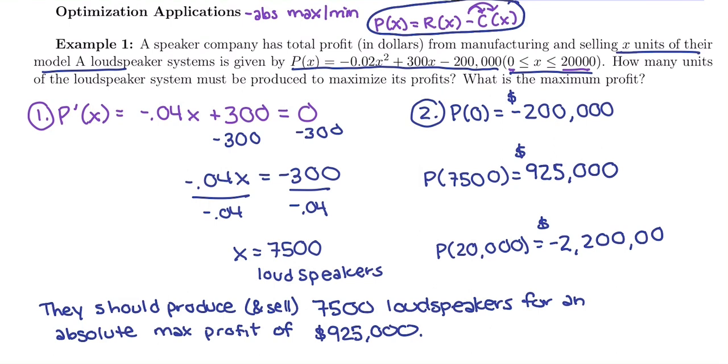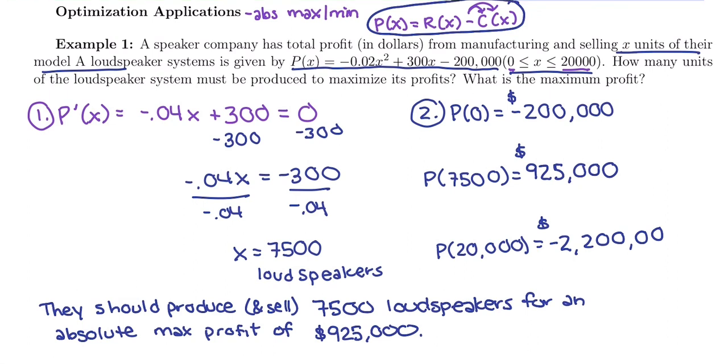So for them, it's not just make as many as you possibly can, for maybe two reasons. One, the cost could be too high to be making that many loudspeakers. They might have to employ people 24-hour shifts instead of just a first shift, so they might have more staffing. They might have to have a bigger overhead cost for a bigger space. And also the revenue is something to consider. If there's not demand, there's no reason to be making that many.